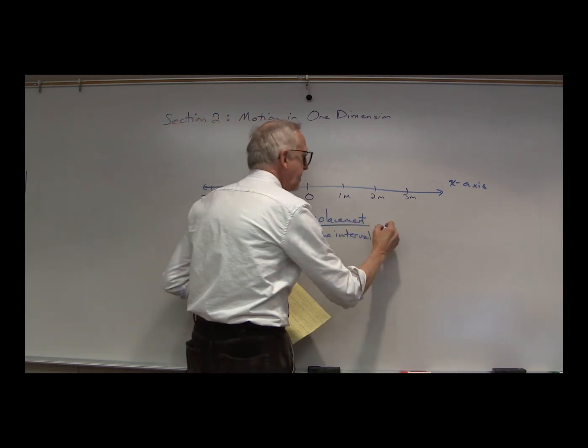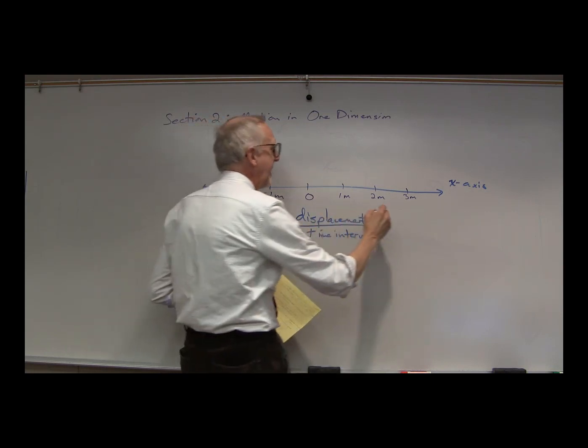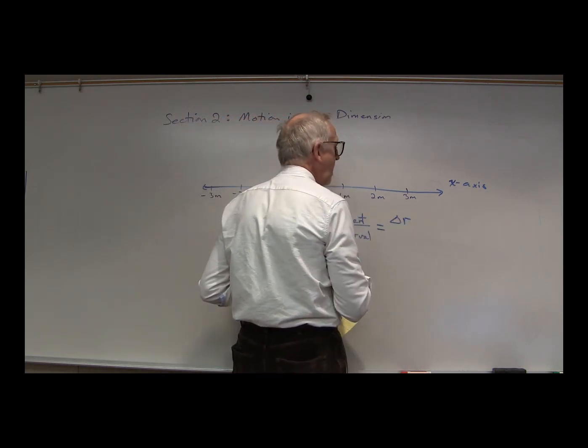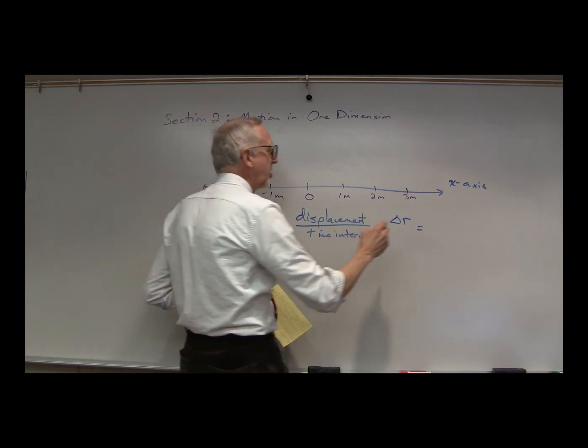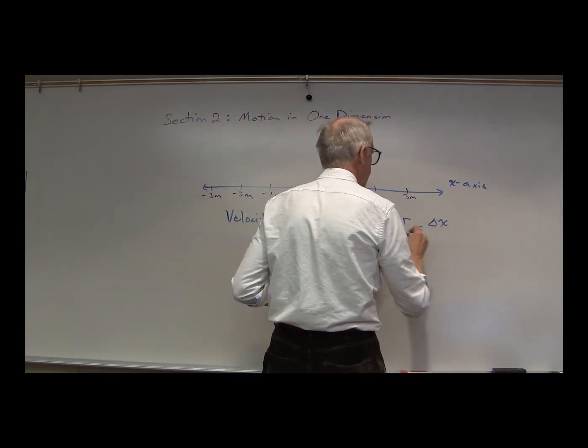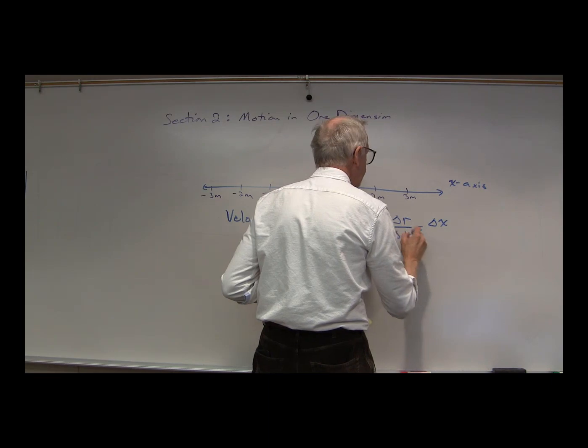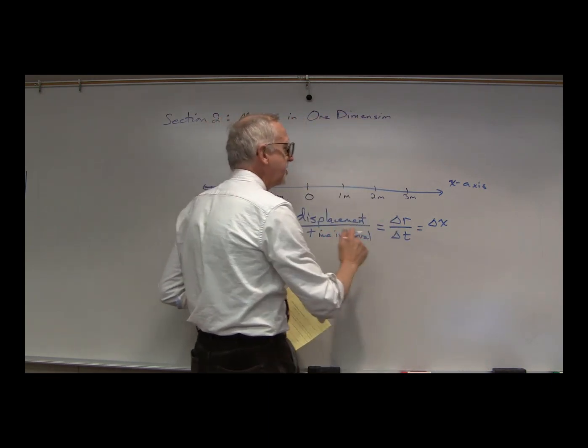The displacement we will write as delta r, or as I said before, because we're only doing this in one dimension, I'll just call this delta x. And then divided by the time interval, which is delta t.